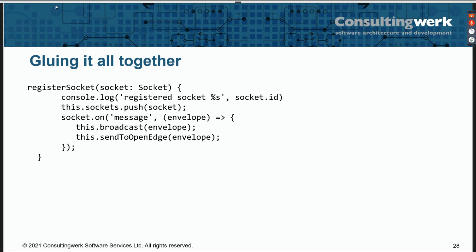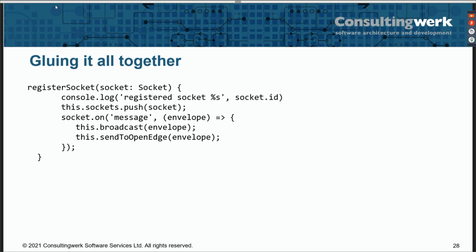So to glue it all together, this is what the register socket of my messaging service looks like. I just push the socket, I save it to an array, and whenever I receive a message on that socket, because it's a chat application, I broadcast it further to all the other connected clients, because everyone is interested.